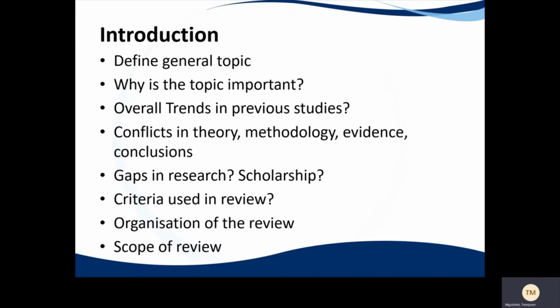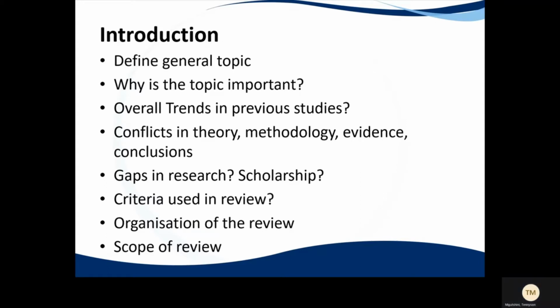Then, of course, you would indicate how you went about collecting data, how you identified it, and what criteria were used in your review to decide which papers were in or which papers were out. And then, with the inclusion or exclusion criteria, you can indicate what the scope of your review is.